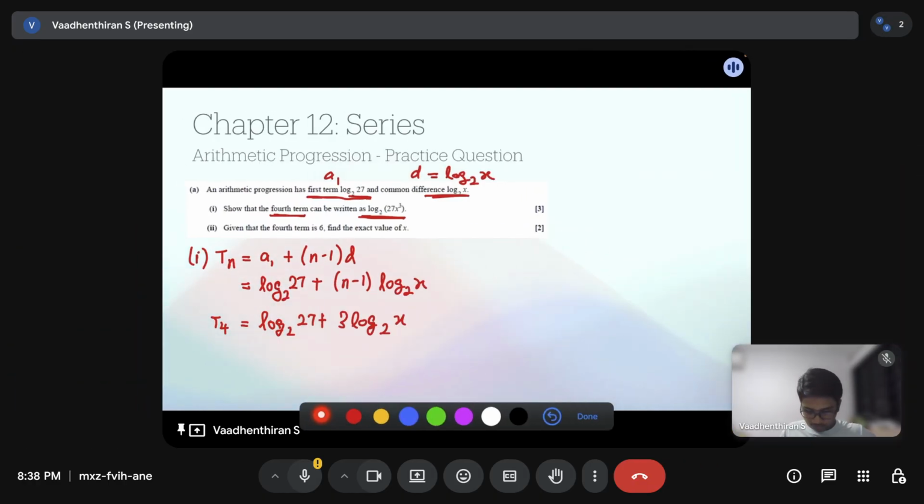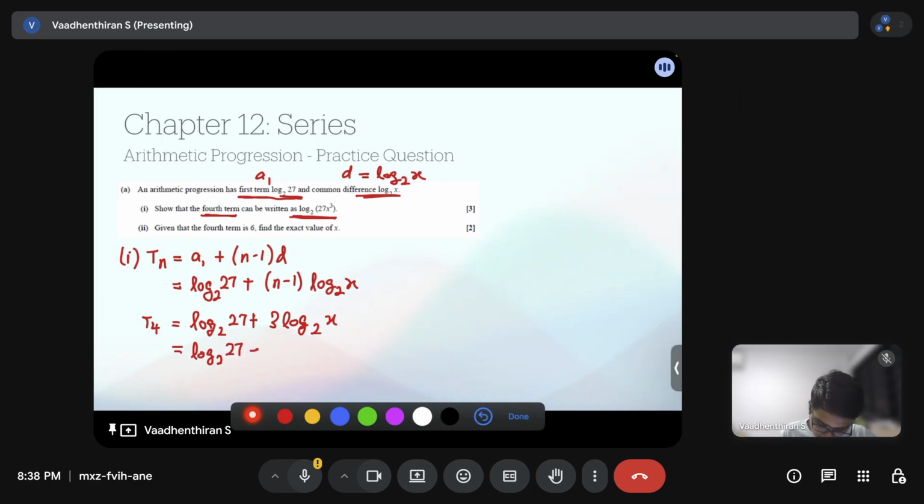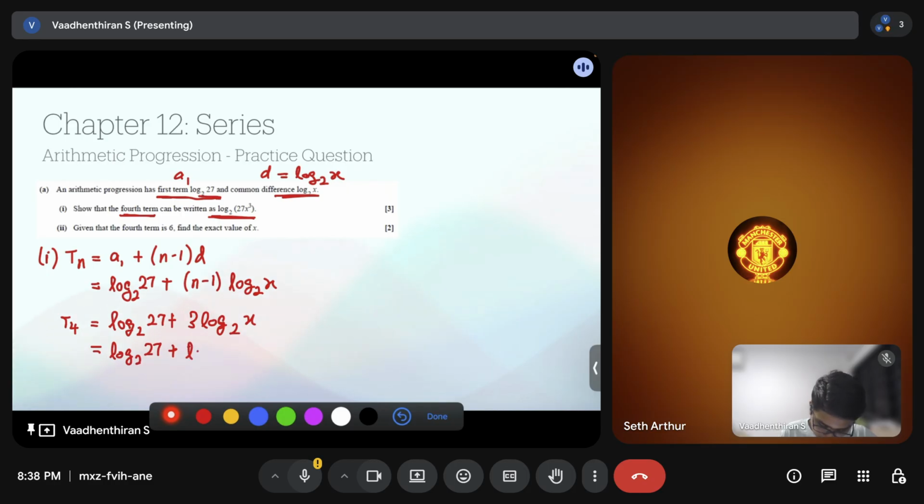From the laws of logarithms, when you add any logs with the same base, you can multiply the inner terms. So before doing that, you can also bring this 3 to the top, which makes it log 2x cubed. Then you can multiply the inner terms, 27x cubed. And that is the show question over here.